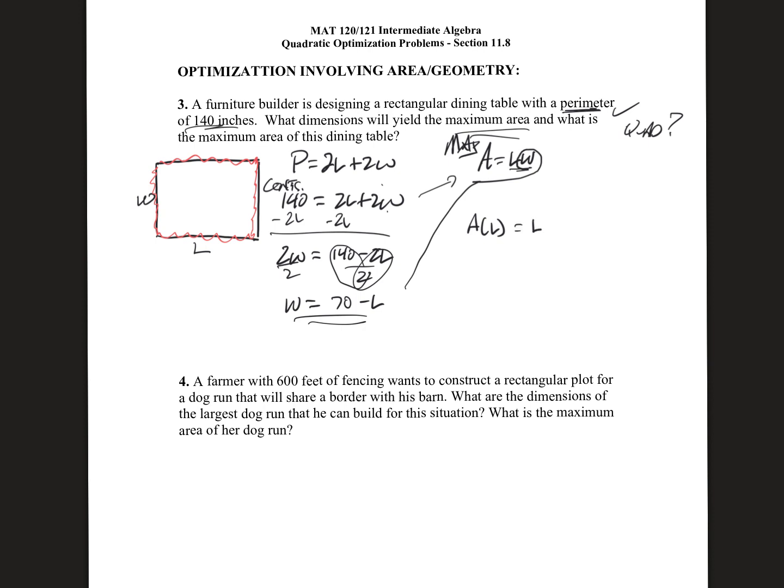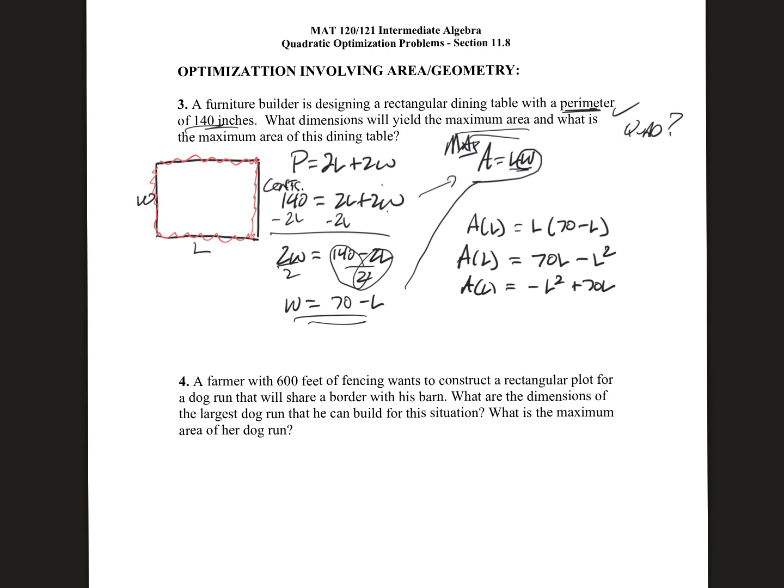So I have L, and we just found that W is 70 minus L. Doing some quick math, my area in terms of the length is 70L minus L squared. If we rewrite that, this is negative L squared plus 70L.